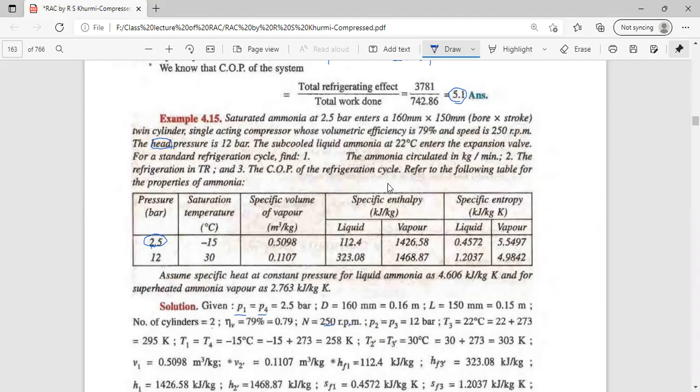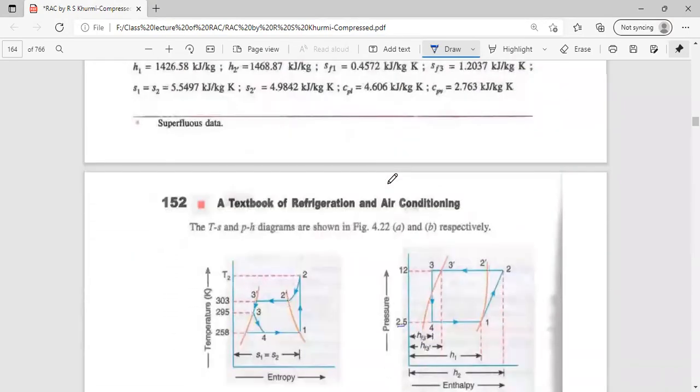Next, what is pressure P2? Pressure at the outlet of the compressor and pressure at the inlet of the condenser, which is given as 12 bar. Pressure at the outlet of the condenser is equal to P3.